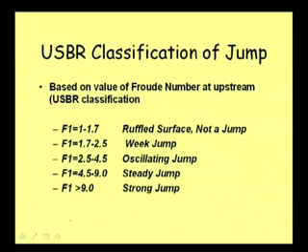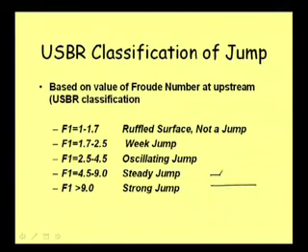Well, then the United States Bureau of Reclamation did some classification of hydraulic jump based on the Froude number, okay. And Froude number means the Froude number on the upstream side. So, say the hydraulic jump is this one, then based on the Froude number at this point, I can write it as F1.